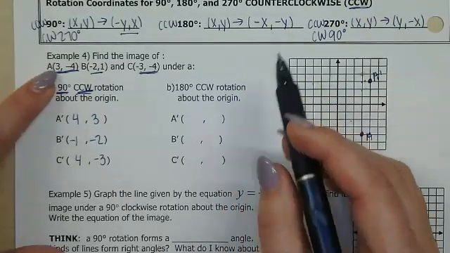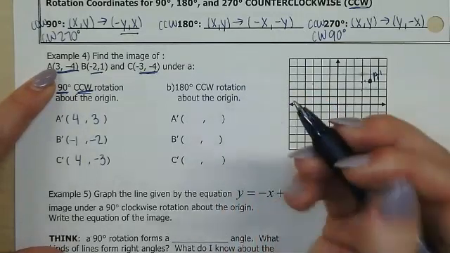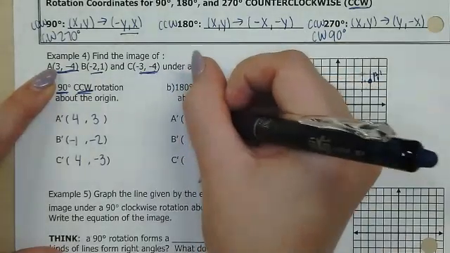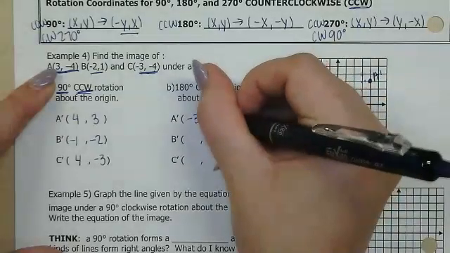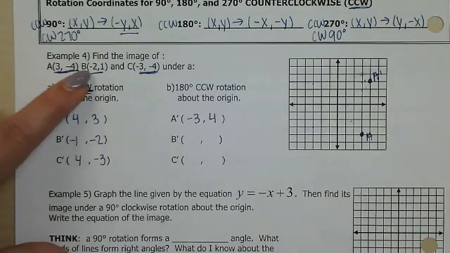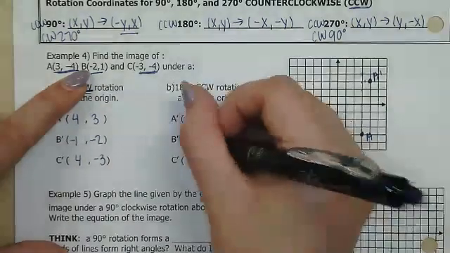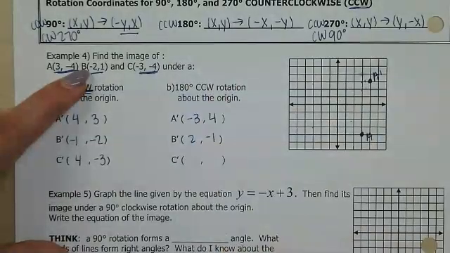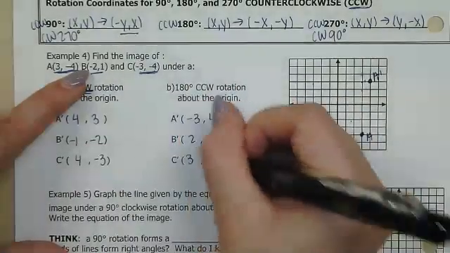So if it was positive 3, negative 4, now it's going to be negative 3, positive 4, right? Okay, what would my new point for B be? Good. And for C, 3, 4.